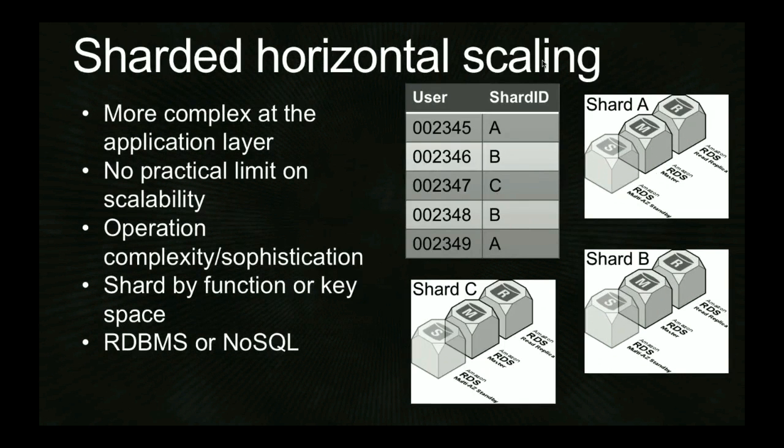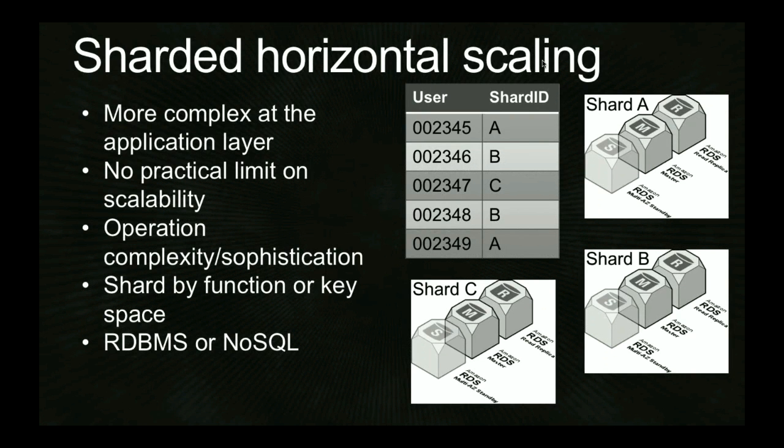If you need to scale a particular table or database beyond what a single master can do, you can consider sharding. Some people say that you shouldn't do sharding because it's too complex, but many people do sharding. That means that you split your database into multiple instances.